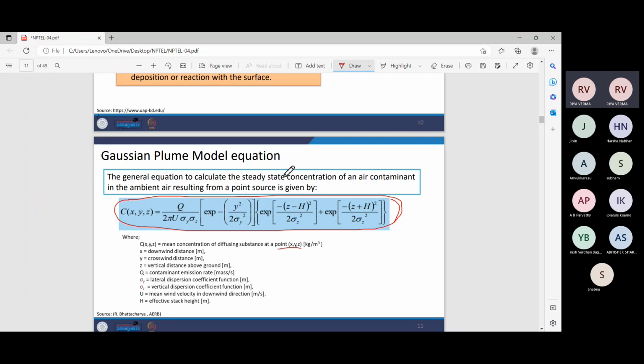X is your downwind distance, like this distance is your x from, for example, the stack. Y is your crosswind distance. This distance is your y, the crosswind distance.